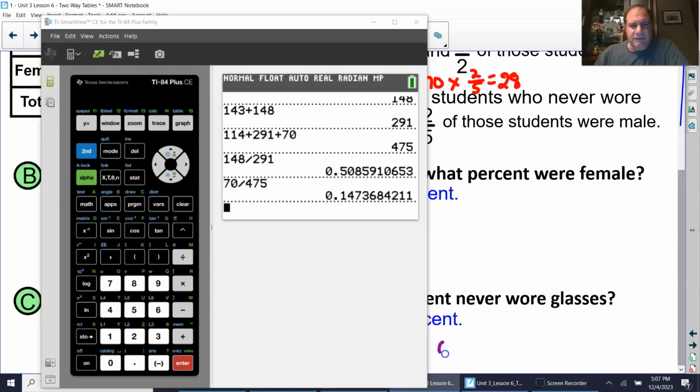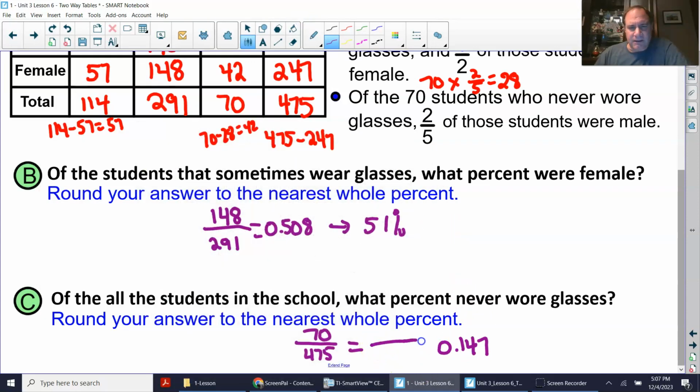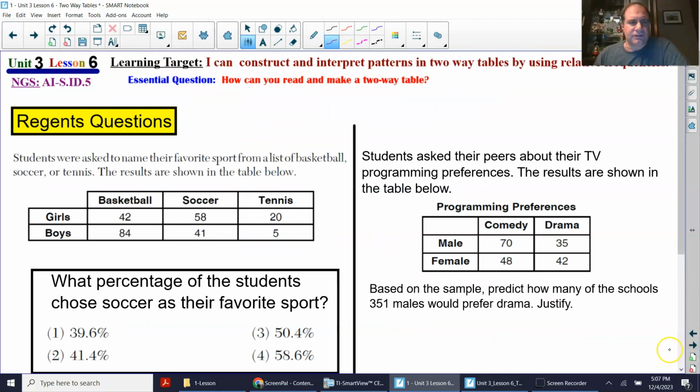So we're going to put down 0.147. And the reason why I have that number down there is that I'm going to round it to the nearest whole percent, and that rounds to 15%. If you move this decimal over twice, it's 14.7. That's 15. All right, and that is finished.